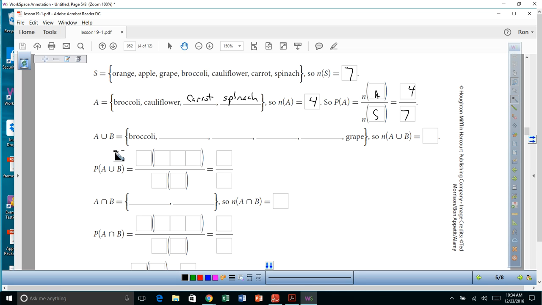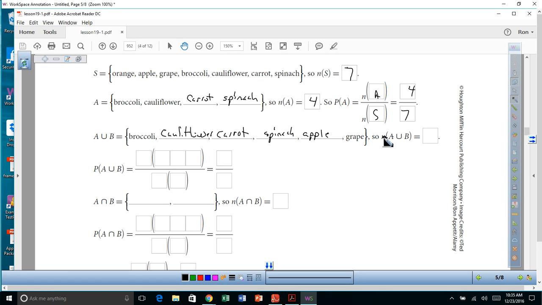A union B would be broccoli, cauliflower, carrot, spinach, apple, and grape.